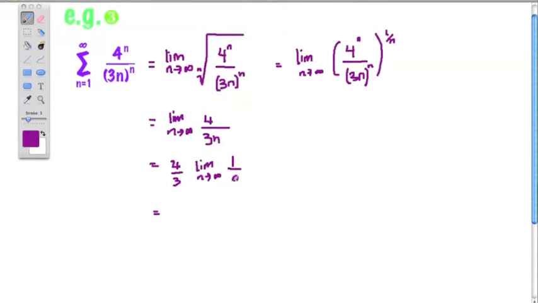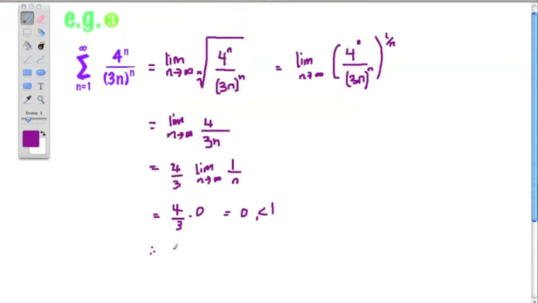And then this will get 0. Therefore, 4 over 3 times 0 will get 0. As 0 is less than 1, therefore we can conclude that 4 to the power of n over 3n to the power of n converges.